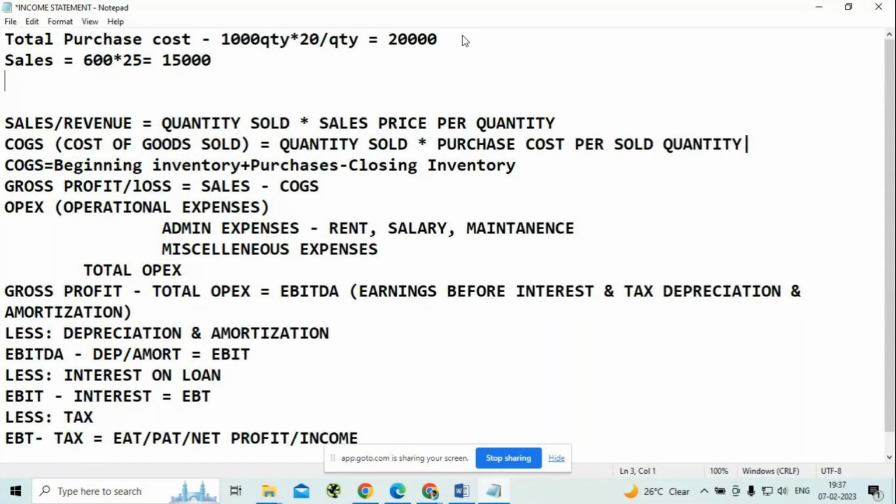Now how much of this 20,000 total purchase cost did we spend to get this 15,000?